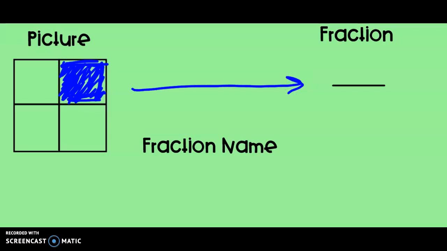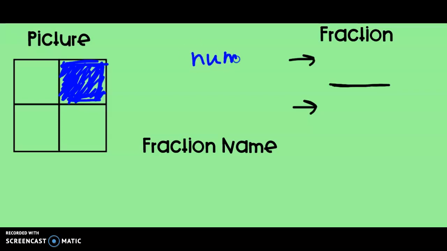Now, if you notice on the fraction piece, I put a line right here. That is because when we write a fraction, we need to put a line in the middle, and we have a top number and a bottom number. Now, those numbers have a very important name. The top number is called the numerator, and the bottom number is called the denominator.